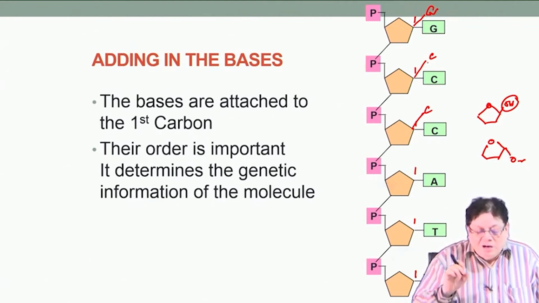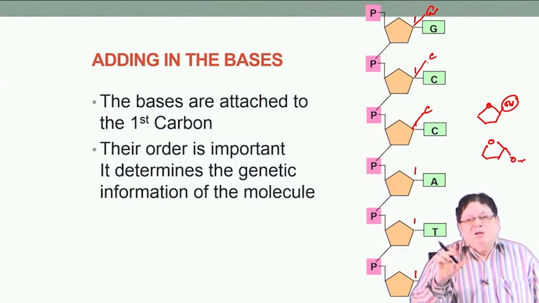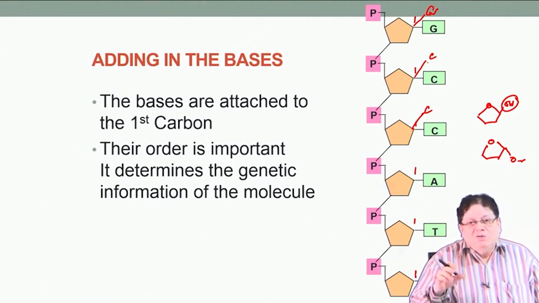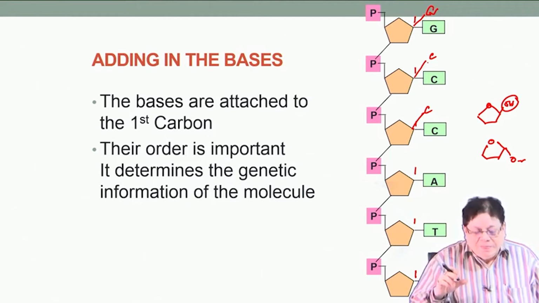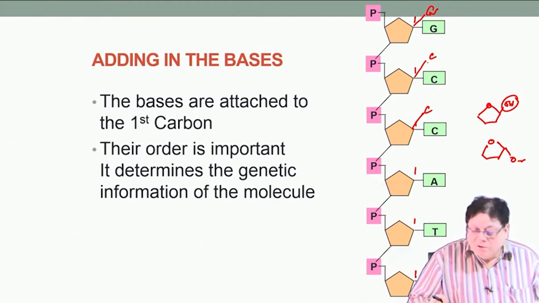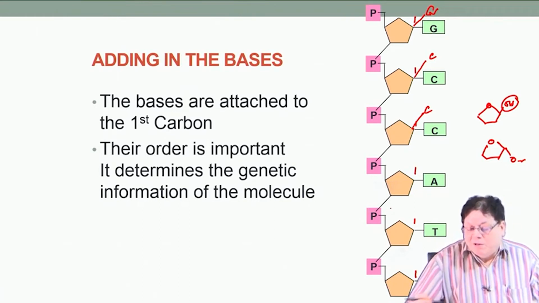I told you glycosides are classified according to the atom that is connected to the anomeric carbon. If it is carbon, that is C glycoside, if it is oxygen, that is O glycoside, and if it is nitrogen, that is N glycoside. Okay. So, this is the arrangement of how these nucleic acids are arranged when they make the polymer.